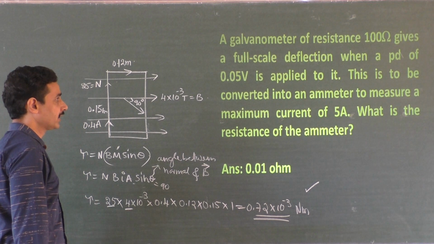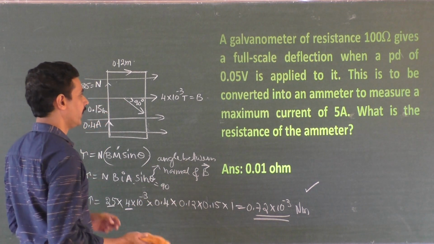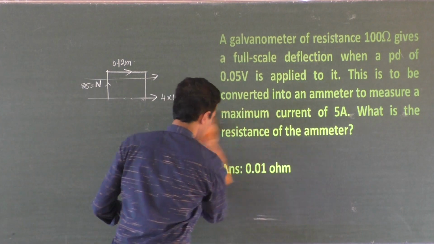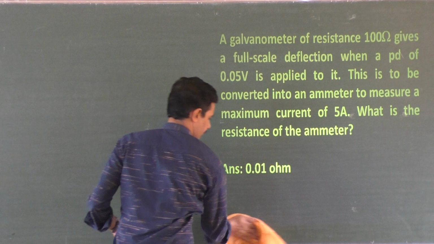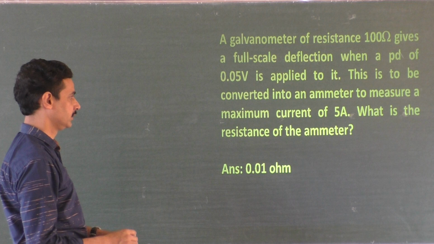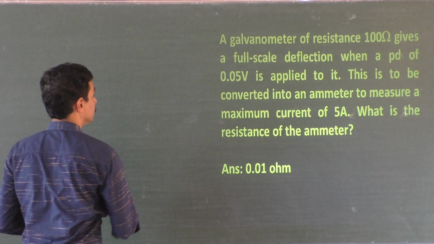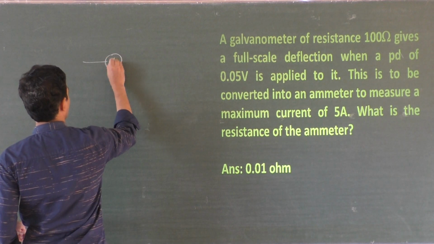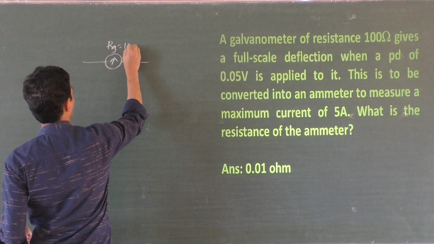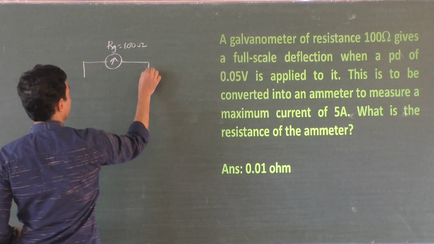A galvanometer of resistance 100 ohm gives full scale deflection when a potential difference of 0.05 volt is applied to it.